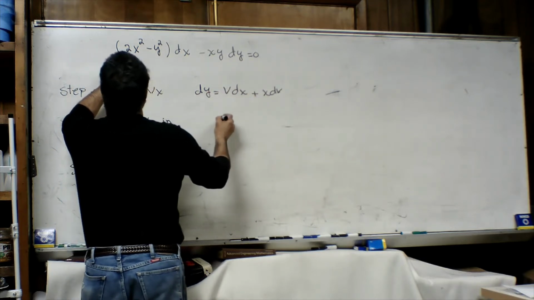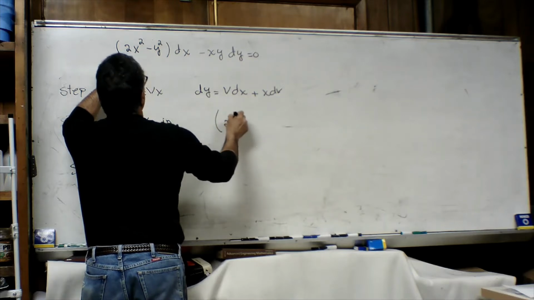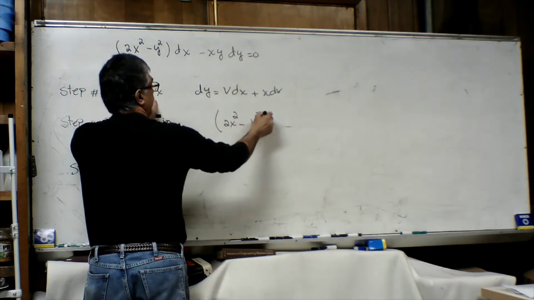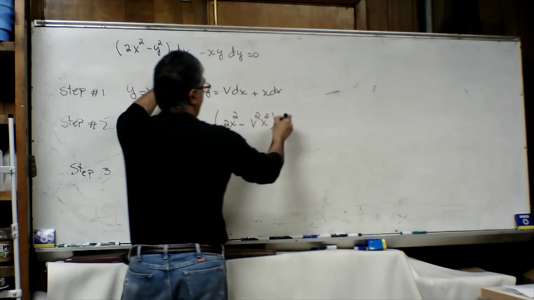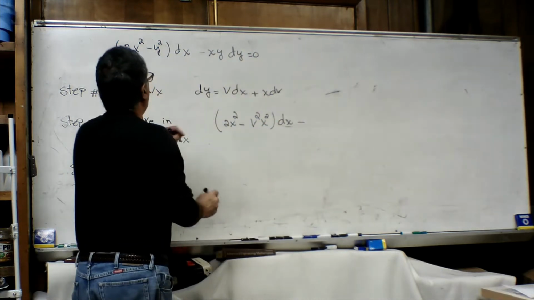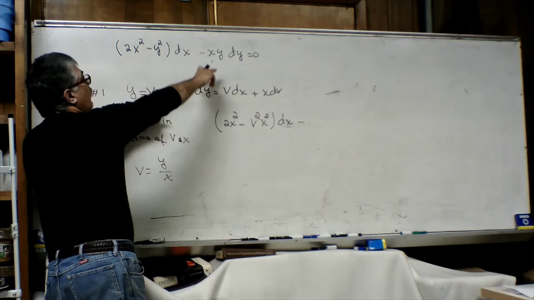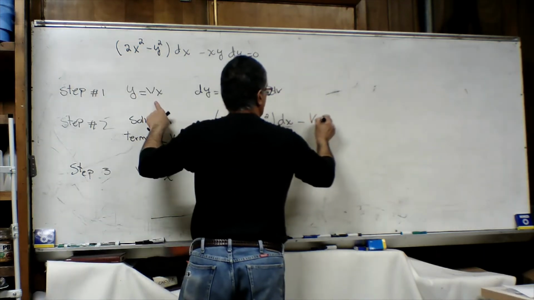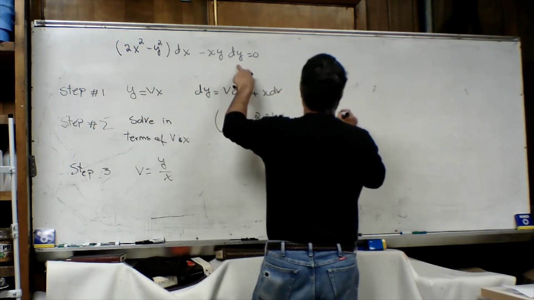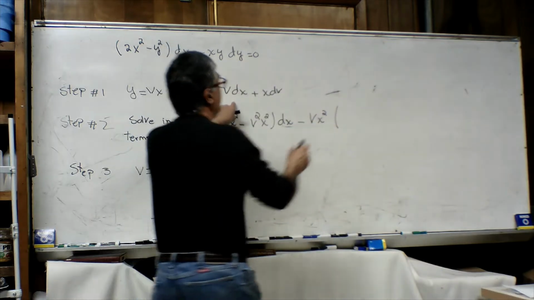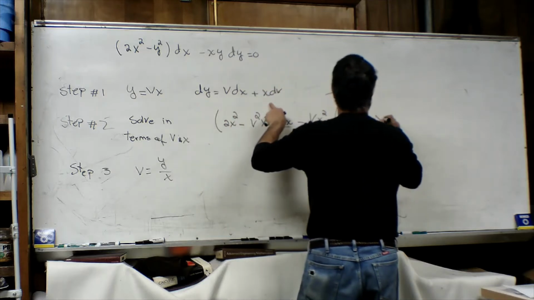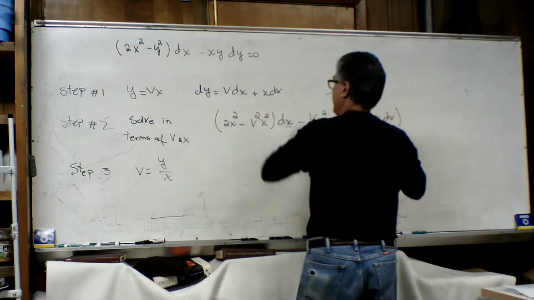If we do that, we are going to have 2x squared minus y squared, which is v squared x squared, dx minus x multiplied by y. y is vx, so x multiplied by y is vx squared, multiplied by dy, and our dy is v dx plus x dv, equal to 0.